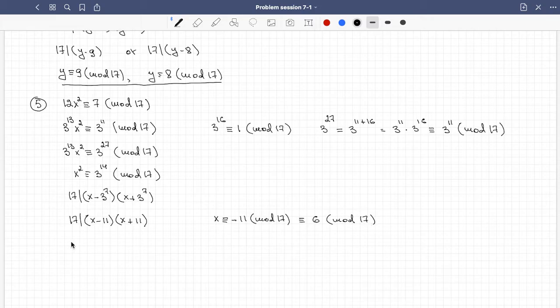Thus, we can write the answer here: x congruent to 11 and x congruent to 6. Solved.